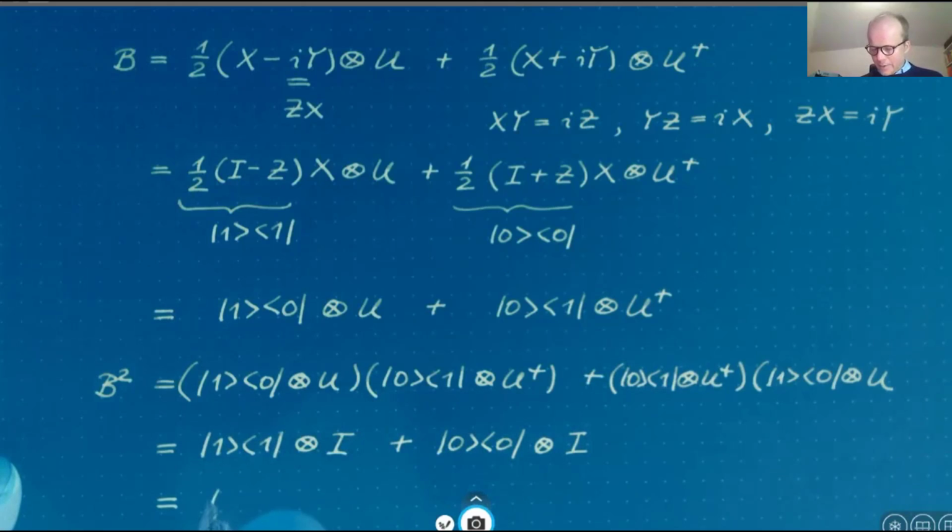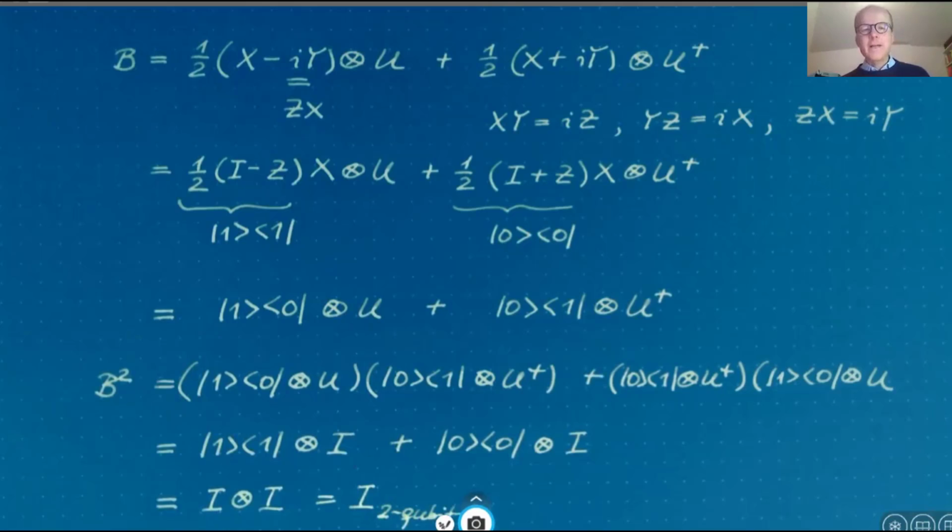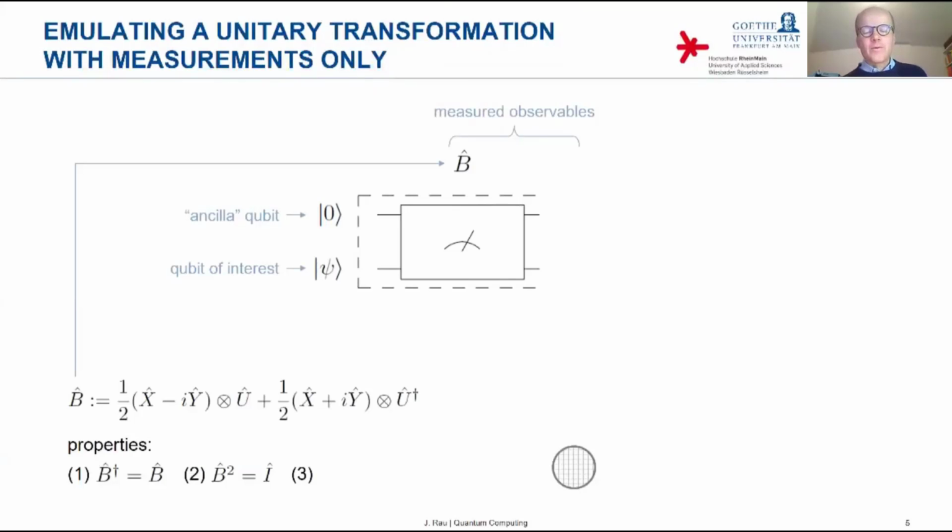So we have unit operator for the first qubit, tensor unit operator for the second qubit, and this is of course nothing but the unit operator in the 2-qubit Hilbert space. So indeed, the square of this 2-qubit observable gives the unit operator in the 2-qubit Hilbert space.